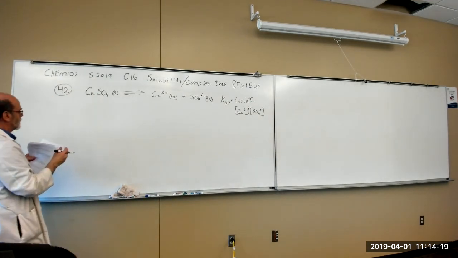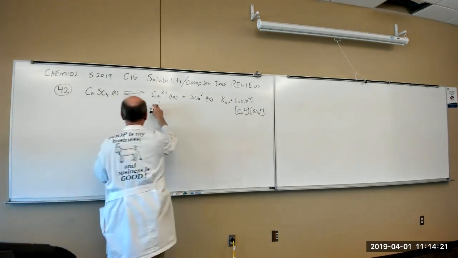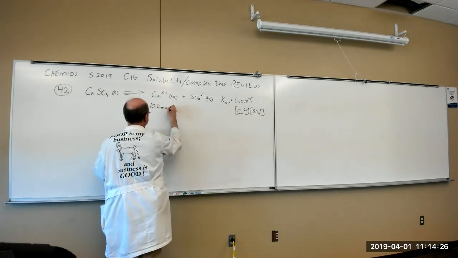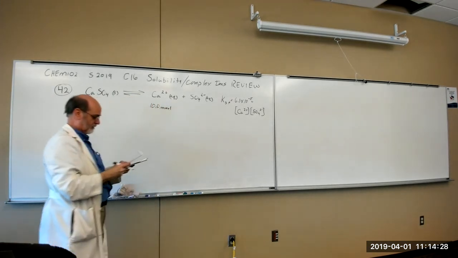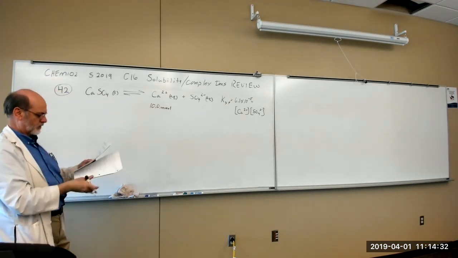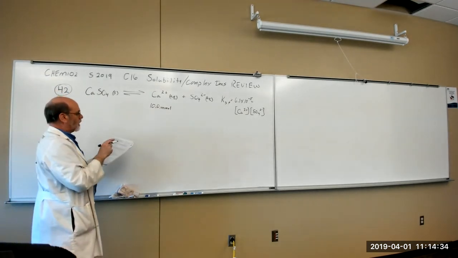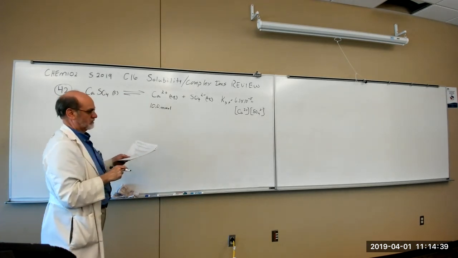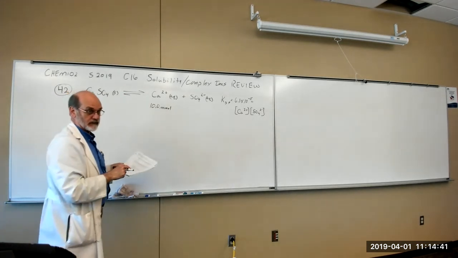So we're starting with how much of this? 10 millimoles, right? Let's see, we're at 42. 10 millimoles, yes. And we want to precipitate 99.9% of that. Right?